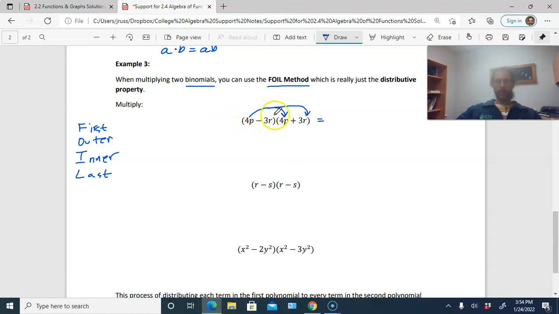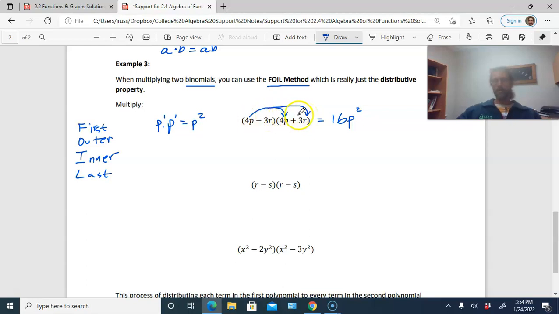So the 4p times 4p. Well, 4 times 4 is 16, and p times p, remember they have understood exponents of 1, so that's going to become p to the second, or p squared. And then we'll move on, 4p times 3r.